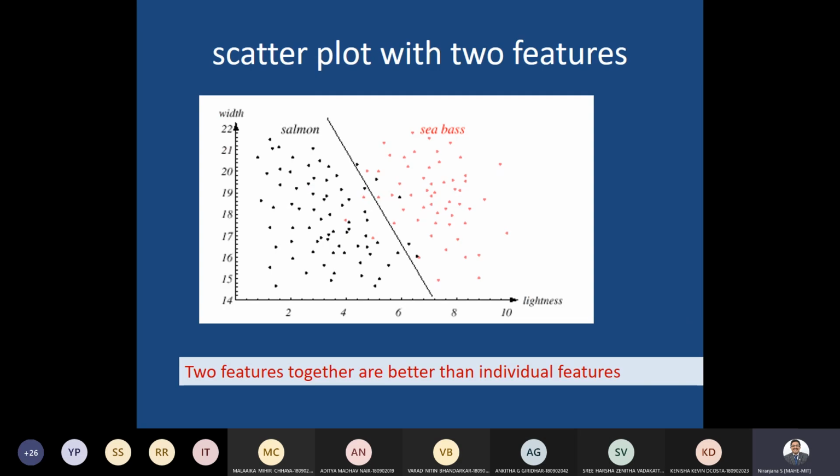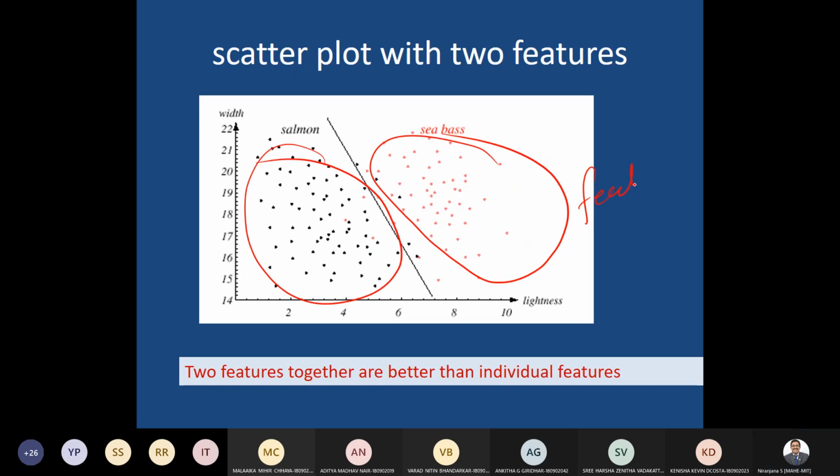In that case, we already discussed how to visualize the problem, right? It could be visualized as some space or region in the feature space. This is a particular region we consider as the sea bass region, or this is the salmon region, or in some other domain you may call it a cluster.